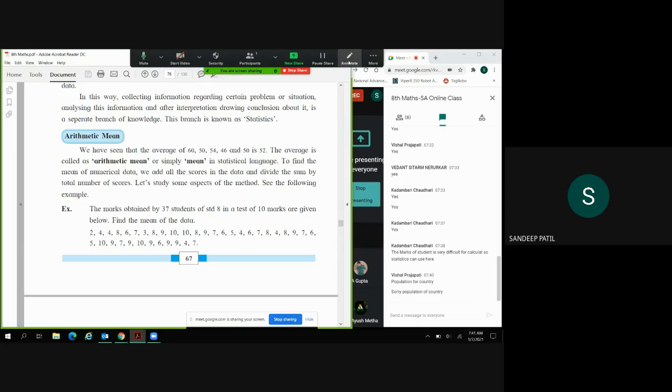Then another example, population of a country, that is a good way to understand data. And not only population, but where the population is more residing. So there is one term called population density, which we can also use for statistical purposes.